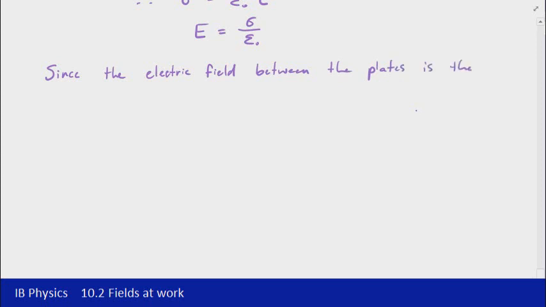What I mean by that is that while we've been dealing with the electric field strength between the plates as a given, we've really got two charged objects here, so each charged object is going to have its own electric field around it.